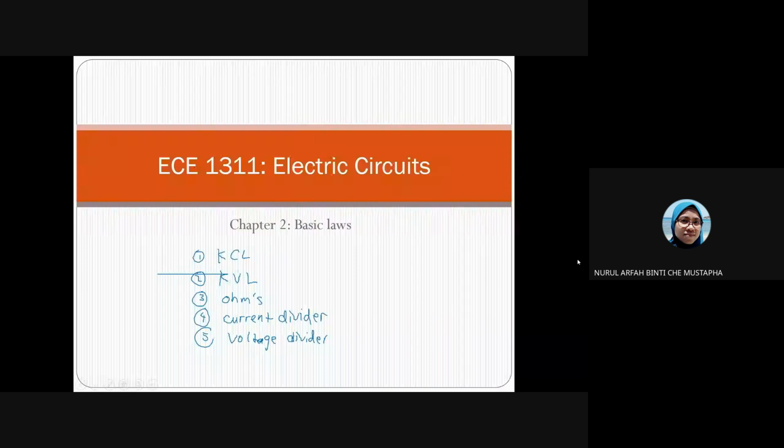So this, whatever law, which law, is divided. Okay. It's Kirchhoff's current law.